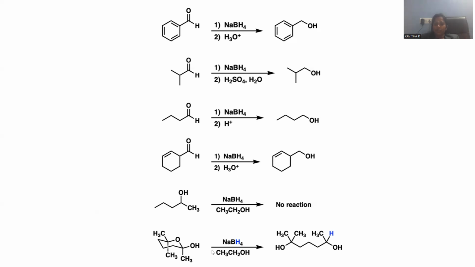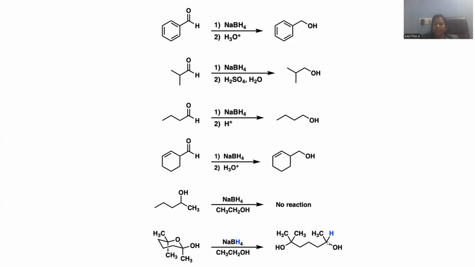Just now we saw the mechanism of reduction, right? So the hydride is added on the carbon atom, and the oxygen will pull the proton from ethanol. This oxygen retains the hydrogen from ethanol, added as H positive. But sodium borohydride releases H negative, which binds with the carbon atom.